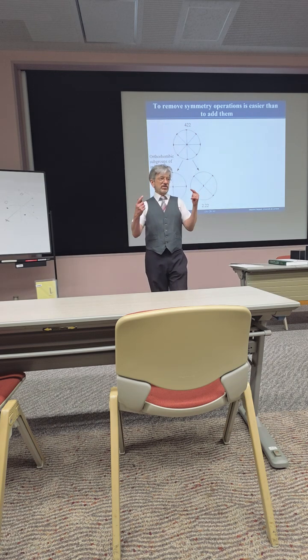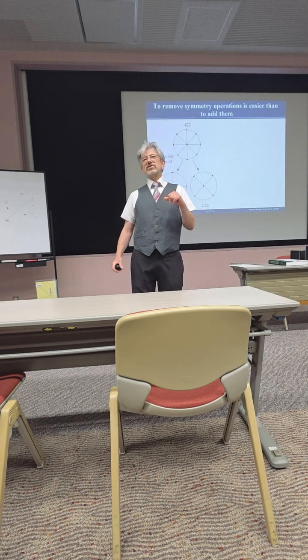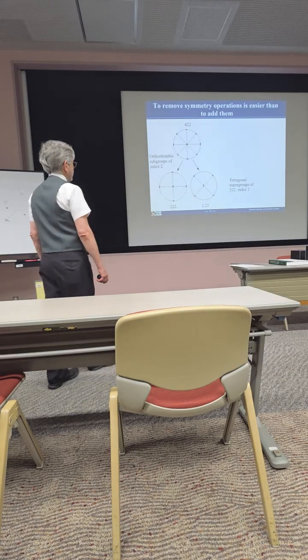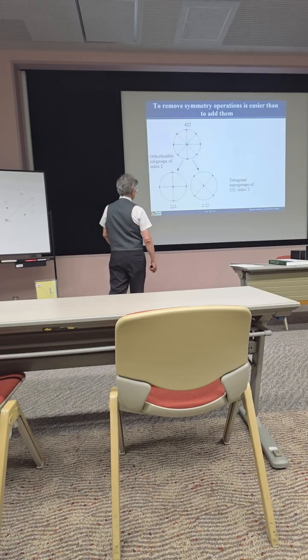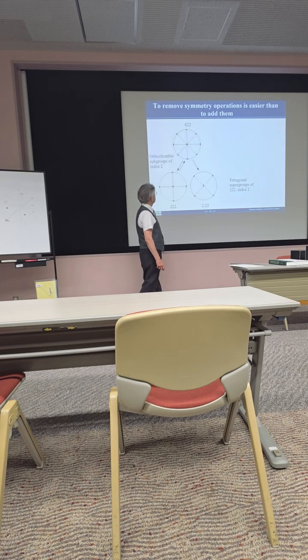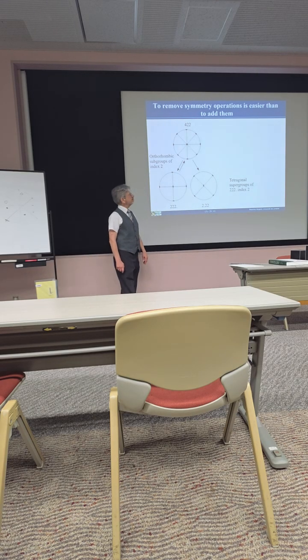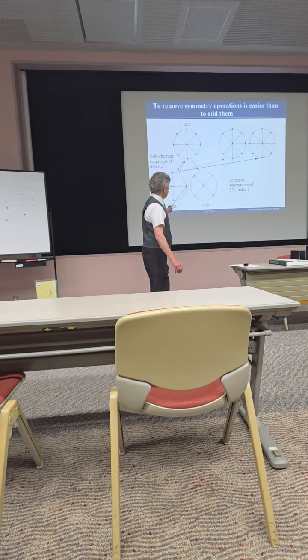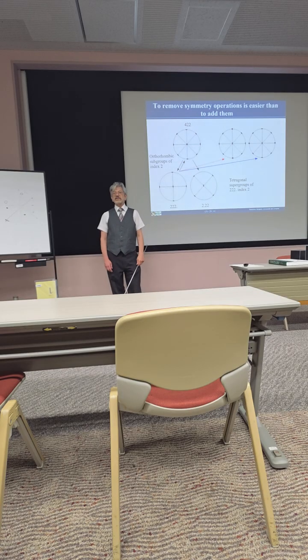And now I do the opposite. I go up to a tetragonal supergroup of index 2. If I start from this, what should I get? I can get that one, but I can also get this one or that one, because the fourfold rotation could be along any of the three twofold rotation axes.